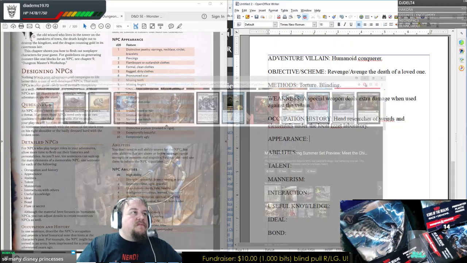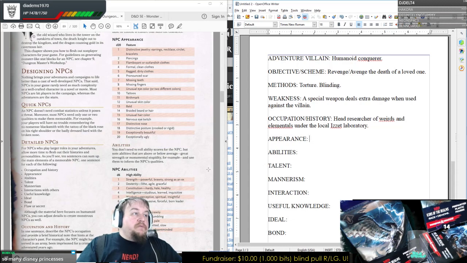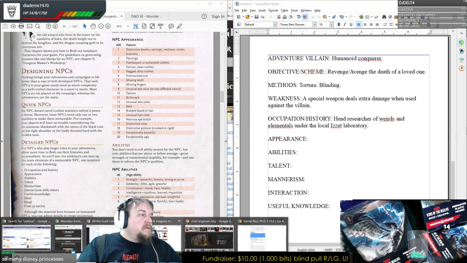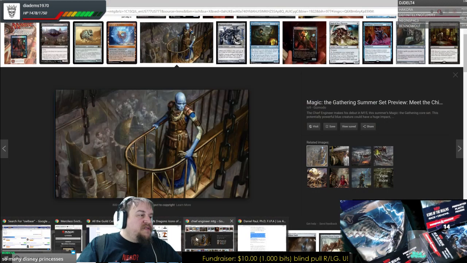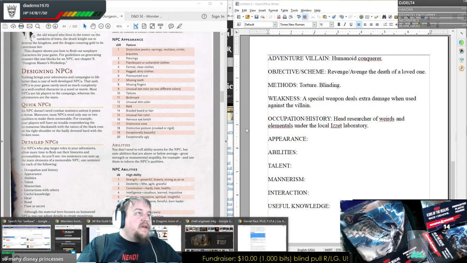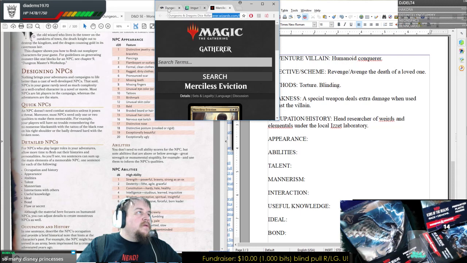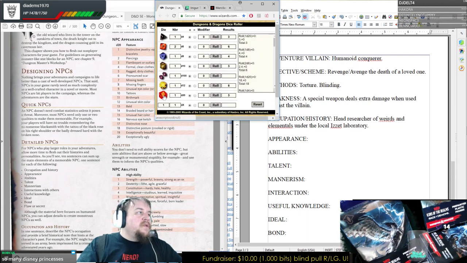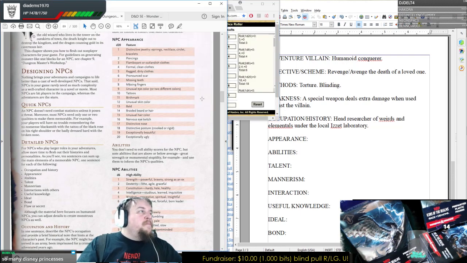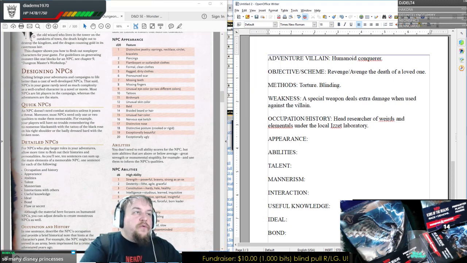Let's see what it'll be, with a simple roll of the D20. Three. Flamboyant or outlandish clothes. Ooh.